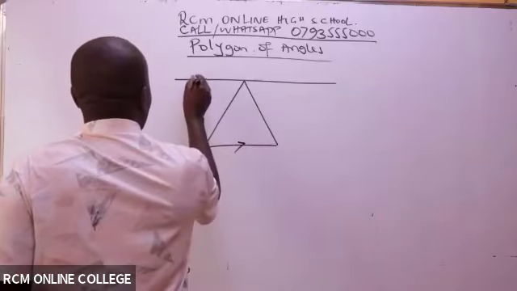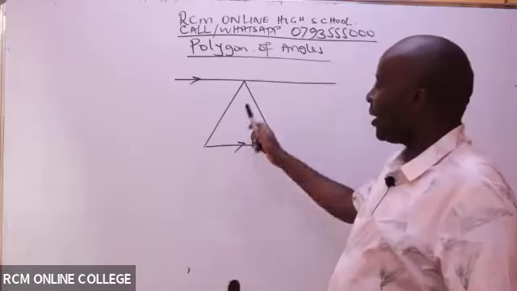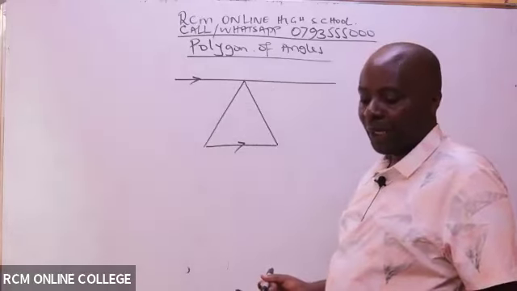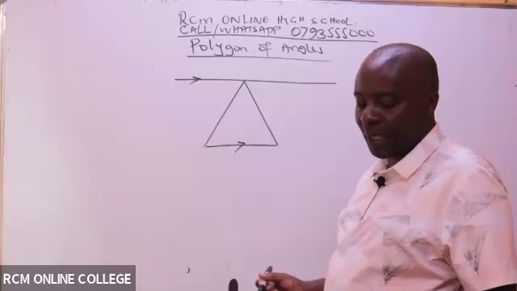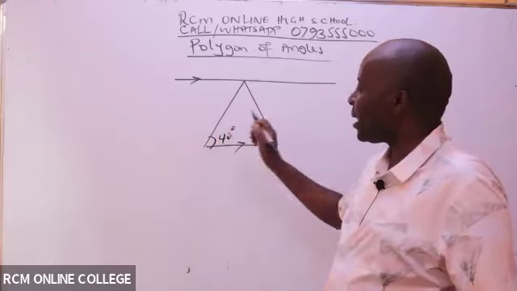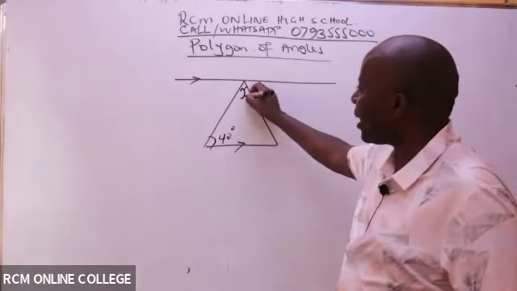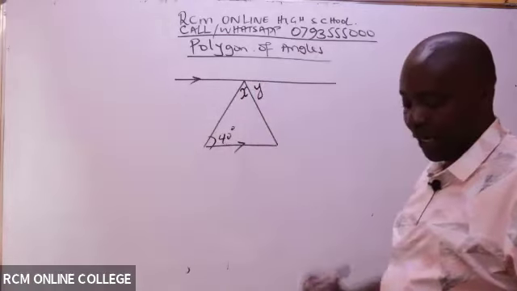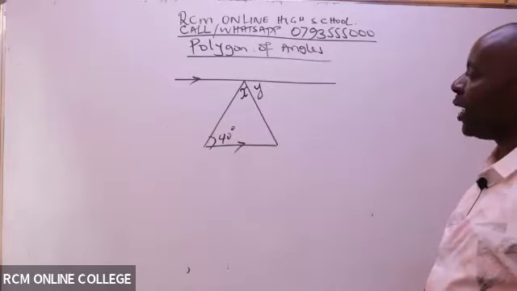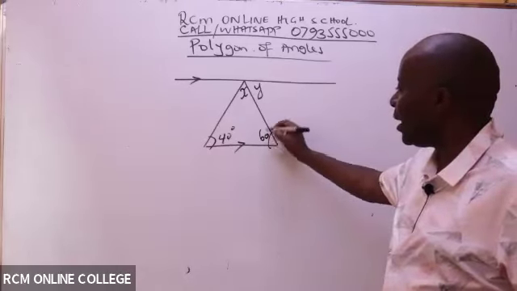So this line and this line are parallel. And then they have given us this angle, 40 degrees. We have here X, we have here Y. And then we have this angle is 60 degrees.